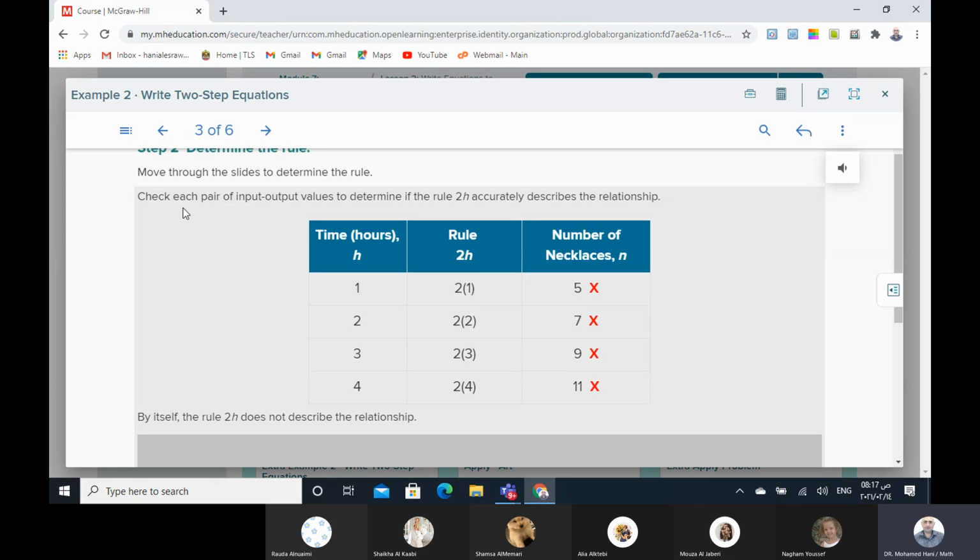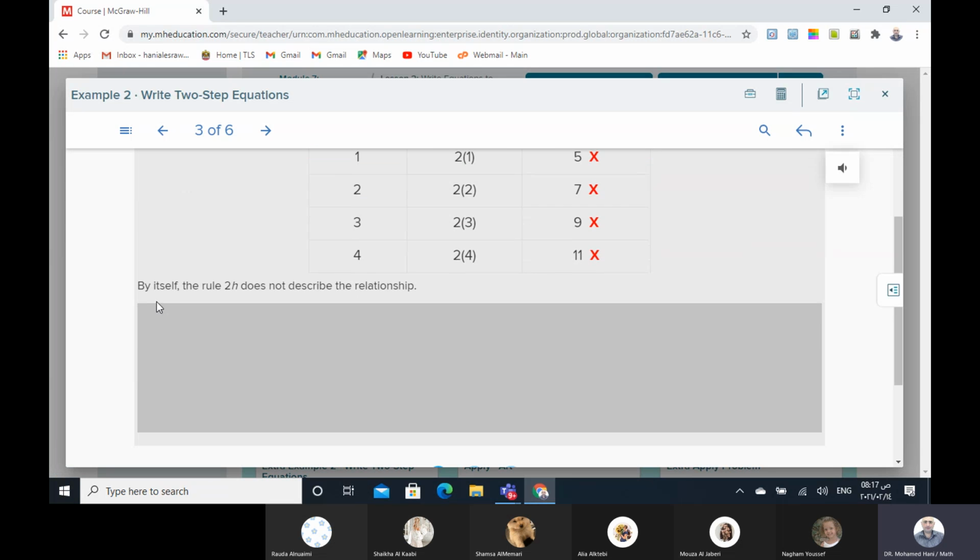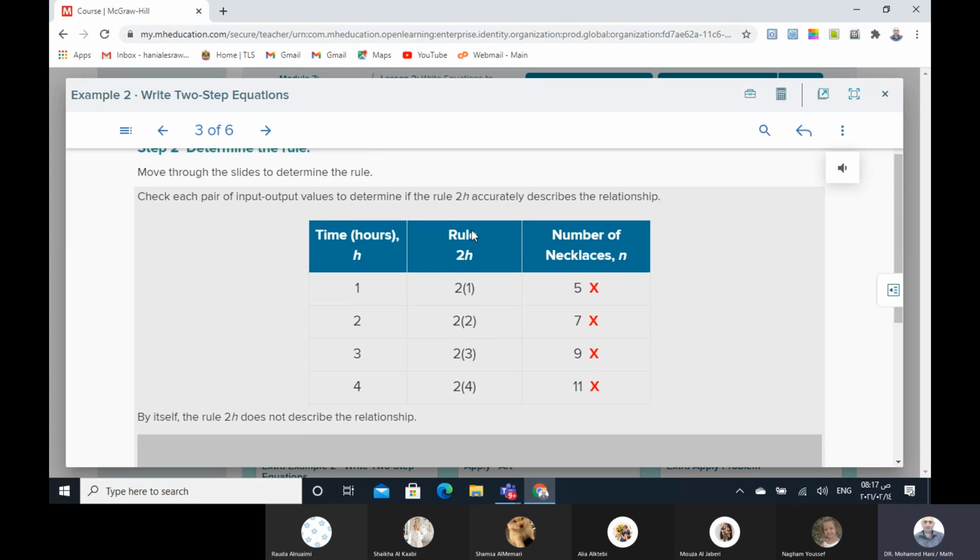So here, check each pair of input and output values to determine if the rule 2h accurately describes the relationship. No. By itself, the rule 2h does not describe the relationship. This is not the right rule.